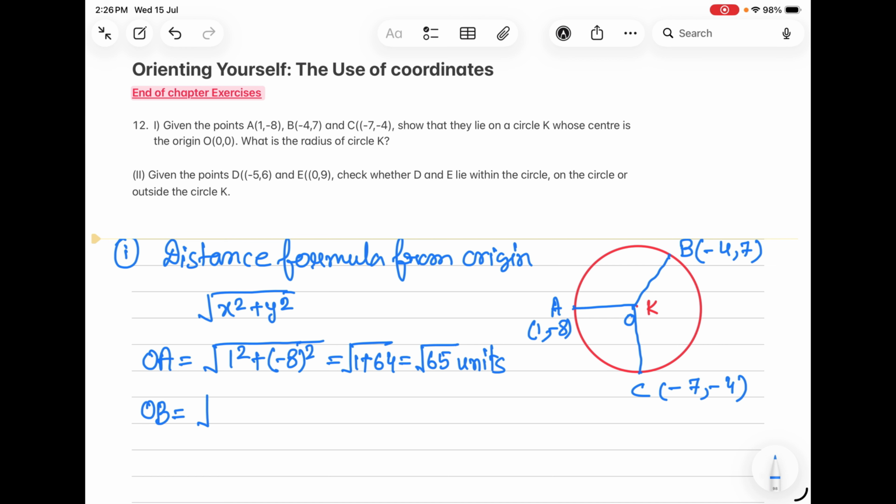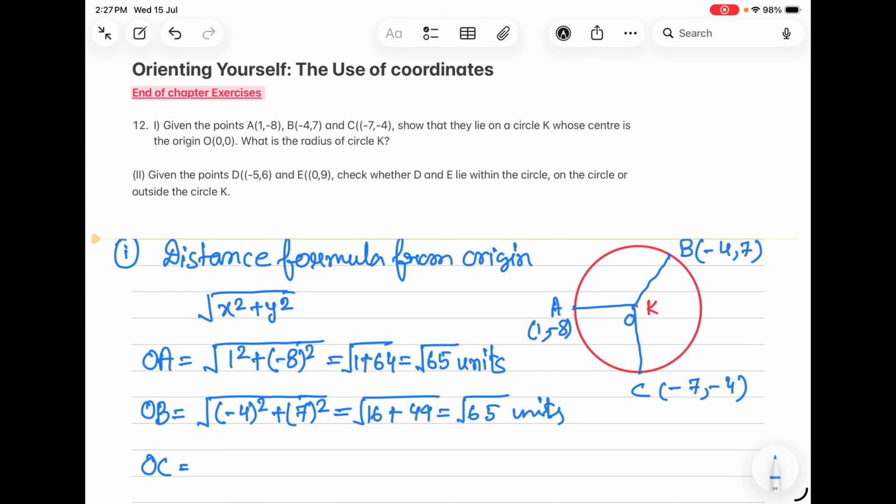Similarly, OB equals square root of minus 4 whole square plus 7 whole square, which is 16 plus 49 equals 65. Total square root of 65 units.